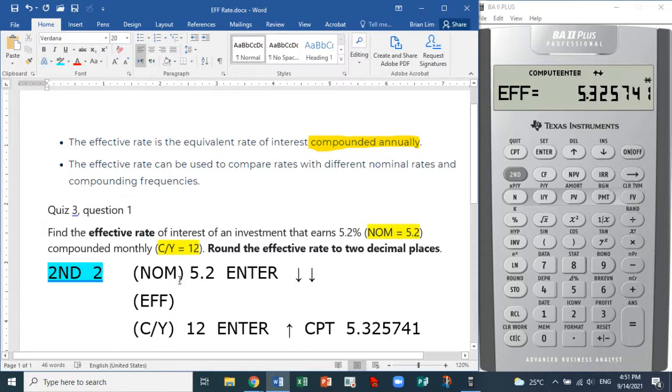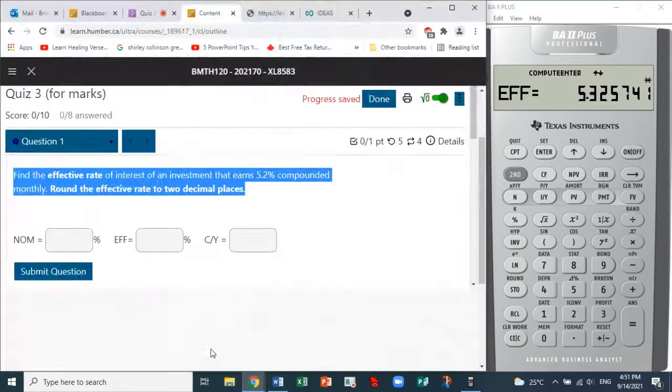So we go second 2, put in 5.2, enter, press the downward arrow twice, then 12, enter, go back up, and press CPT and we get this value of 5.325741.